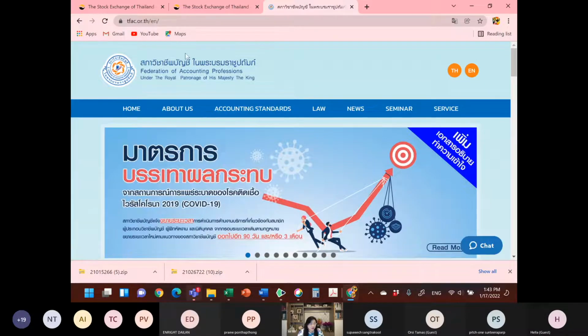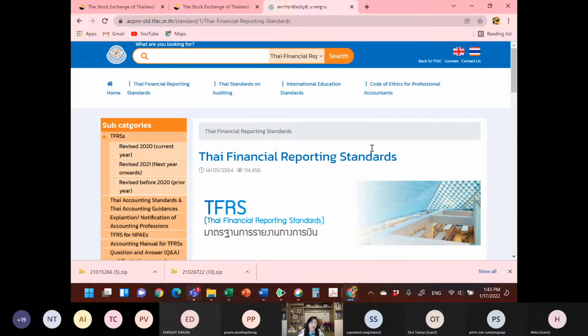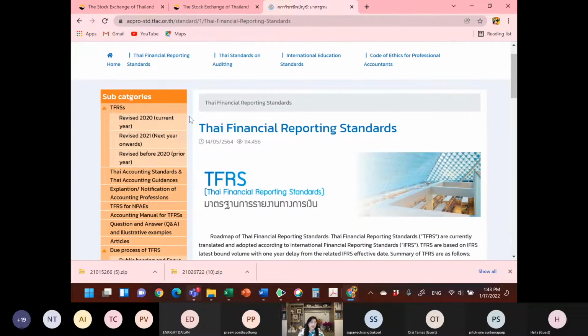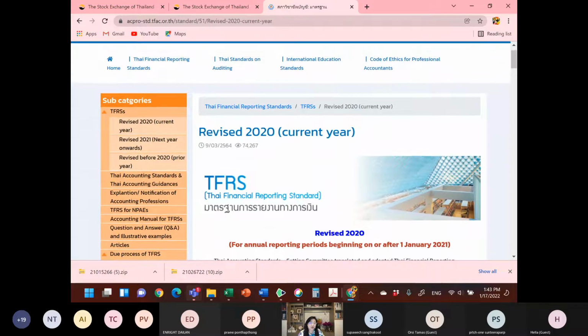So this is the website of the Federation of Accounting Profession. So over here, the accounting standard, if you click on that, here you have Thai Financial Reporting Standard. This is the current version that we are using.